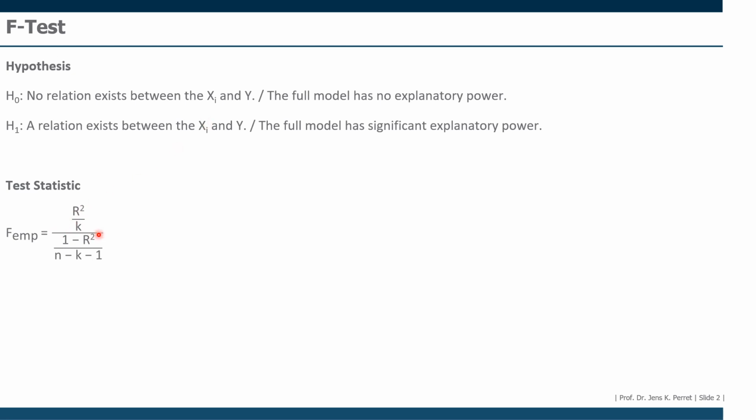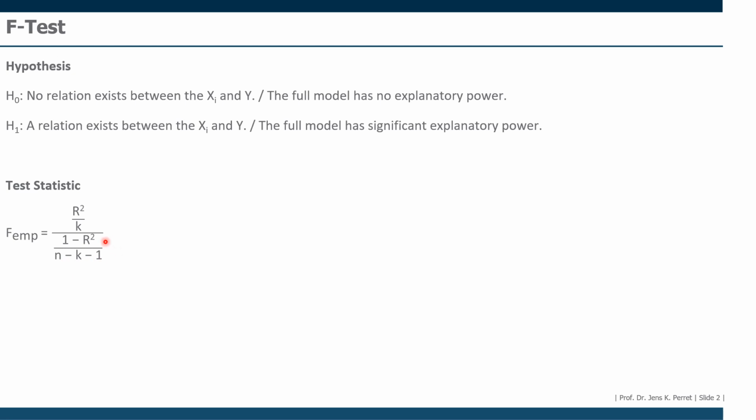Now we divide this result by 1 minus R squared divided by n minus k minus 1. So number of observations minus number of independent variables minus 1. The minus 1 comes from the intercept of the linear regression. So that's actually how many coefficients we have to estimate.